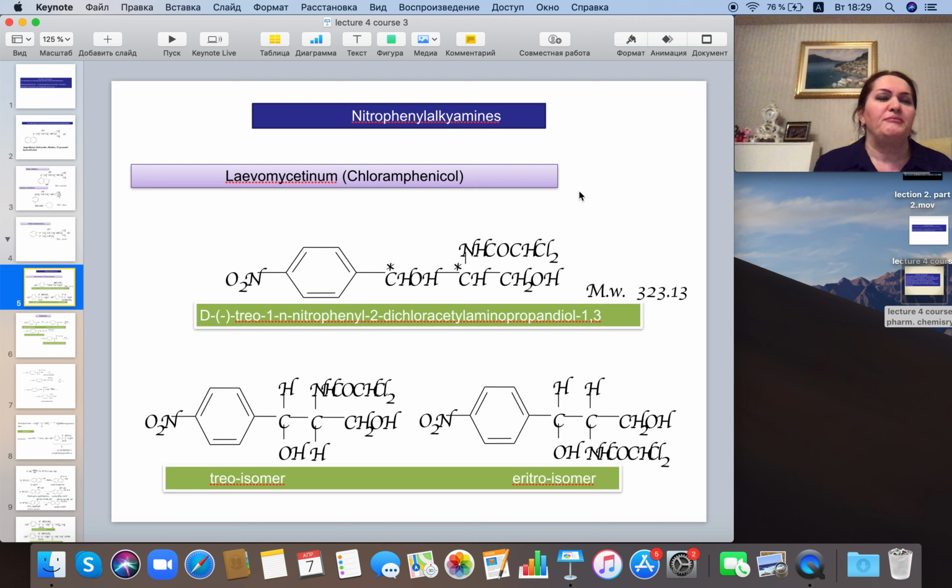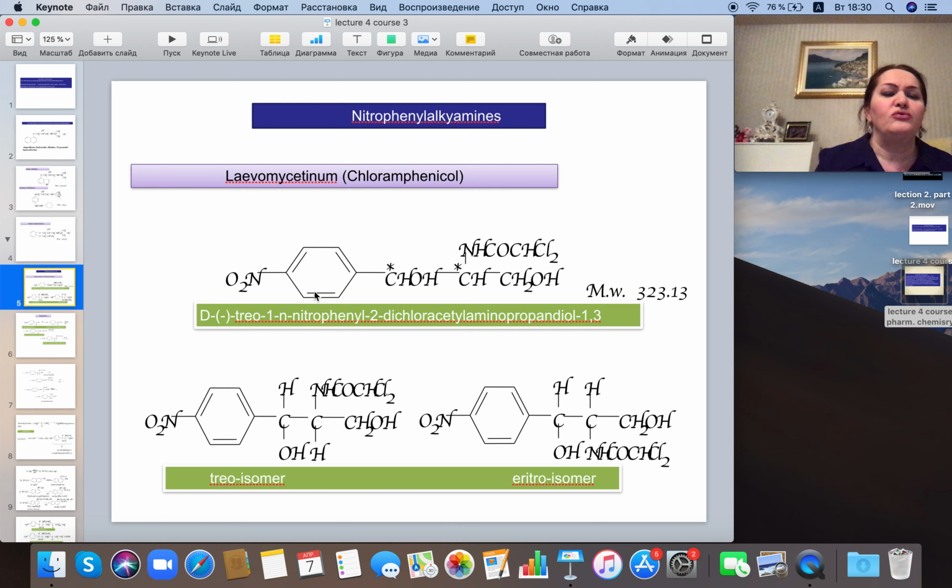For example, penicillins and cephalosporins belong to heterocyclic structure antibiotics. Tetracyclines belong to alicyclic structure, but tetracycline has a first cycle that is aromatic, and therefore we took it at our last lecture.